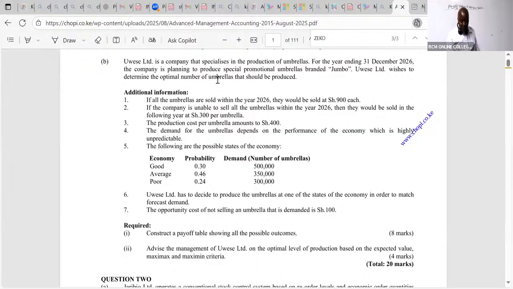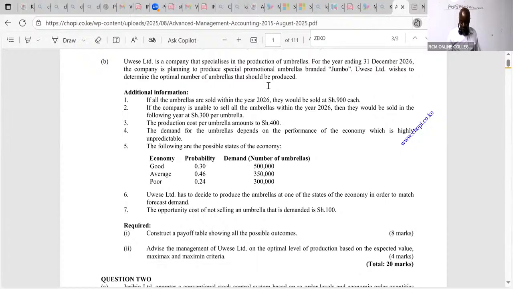The company is a company that specializes in the production of umbrellas for the year ended 31st December 2026. The company is planning to produce special promotional umbrellas branded Jumbo, and wishes to determine the optimal number of umbrellas that should be produced.